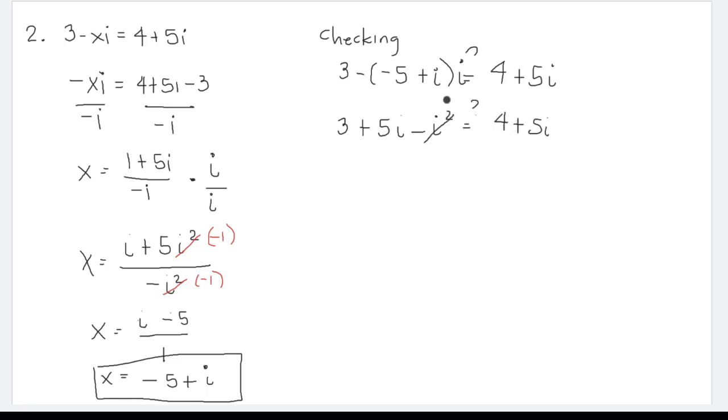And i squared is equivalent again to negative 1. Since we multiply negative 1 to a negative value, that's positive 1 plus 3, that's 4 plus 5i. And that's equivalent to 4 plus 5i. Therefore, our value of x is correct, which is negative 5 plus i.